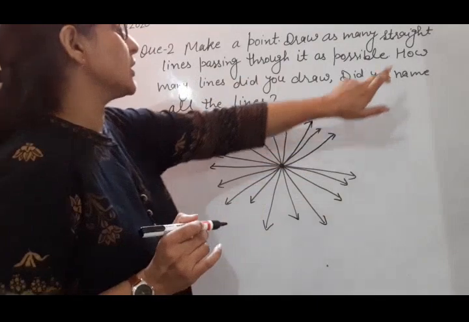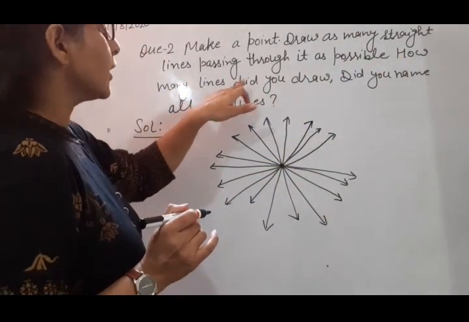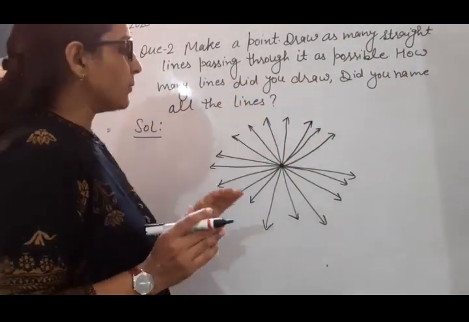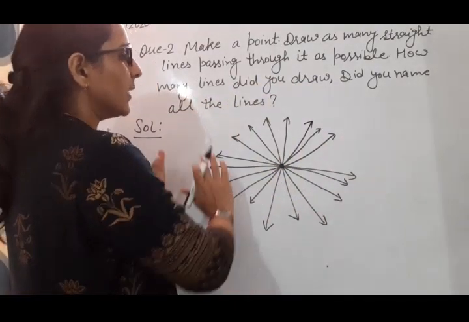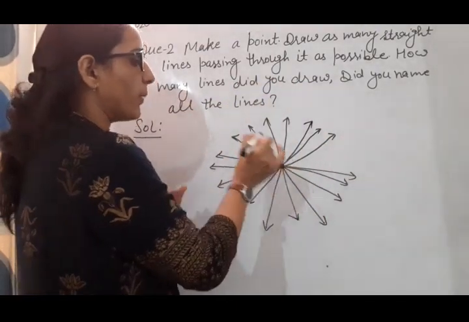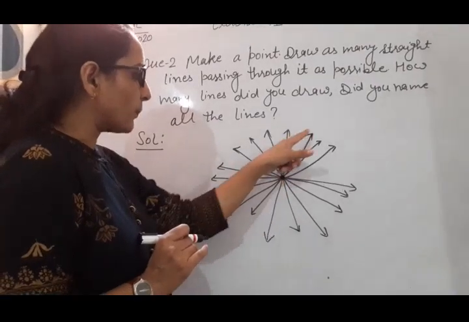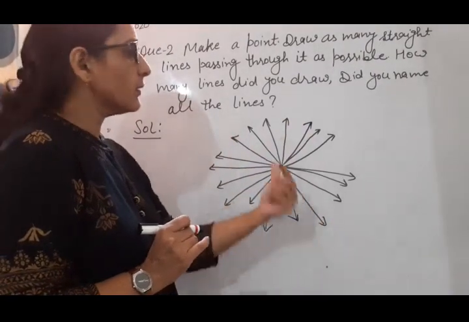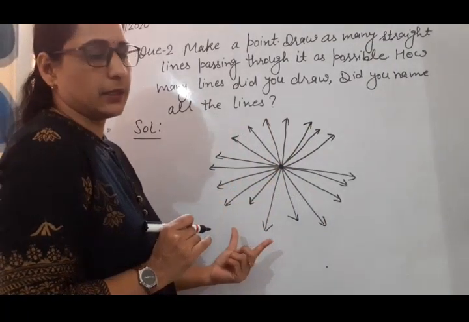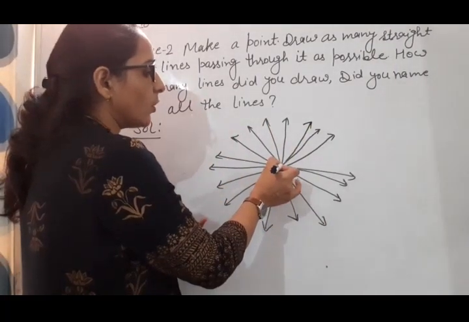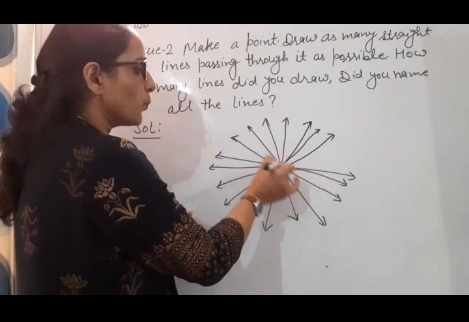Now the next question is, how many lines did you draw? It means how many lines you can draw which are passing through this point. इस point के को लेकर आप कितनी lines draw कर सकते हैं, but they are always passing through this point.